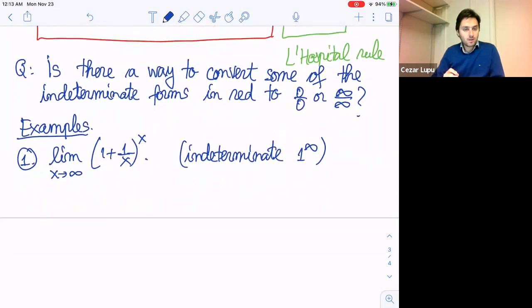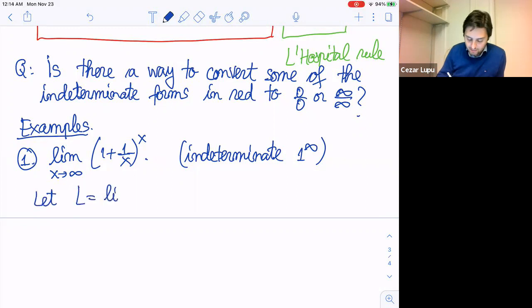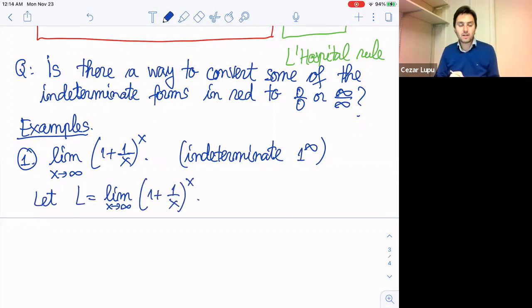All right, so what can we do? The trick is the following. When you have a function to the power of another function, then, as you have seen when we computed derivatives, maybe we should take the natural log. So this is what's going to happen in this case as well. Let L be the limit as x approaches infinity of 1 plus 1 over x, everything to the power x. Now we're going to take the natural log.